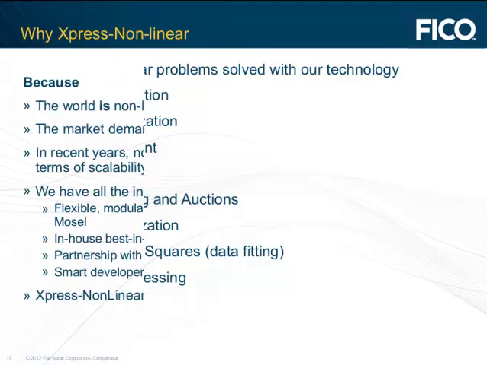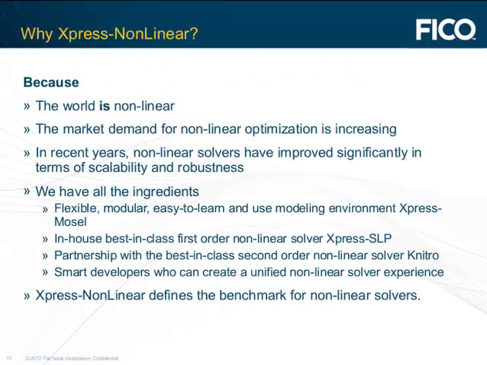So what we decided to do, once we looked at the market again and saw an increasing market demand, and also that the technology really has improved over recent years, was to look at what we have already. We have Xpress Mosel, which is a great tool for modeling, and when you go into the nonlinear world, you really need a good modeling language because your models become rather complex.